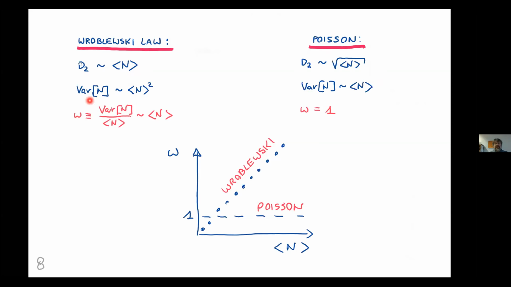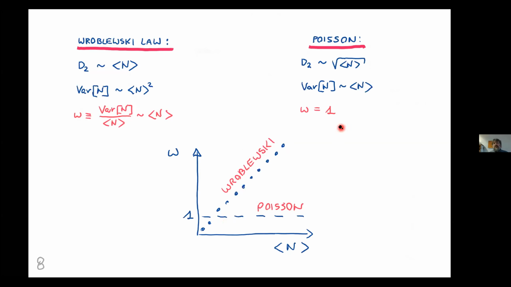I have the variance, but you remember that D2 was the square root of the variance. So I square it, and then n squared. The scaled variance, the ratio of the two, is proportional to n. So the Wroblewski law gives this proportionality of the scaled variance to n. This was one of the first plots I showed, right? With pp data, present exactly in this representation.